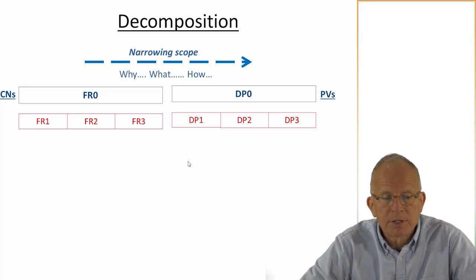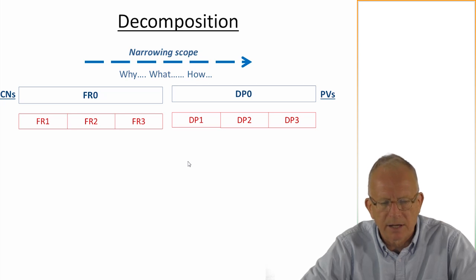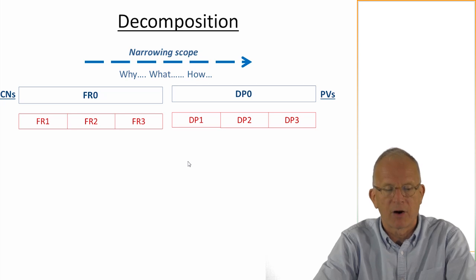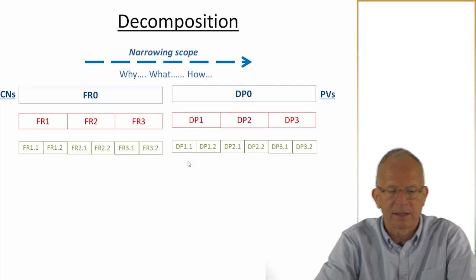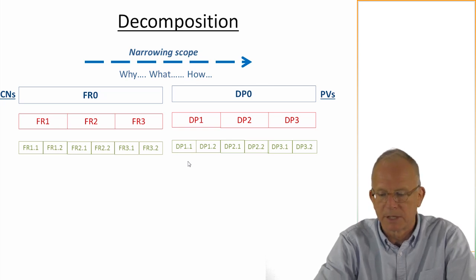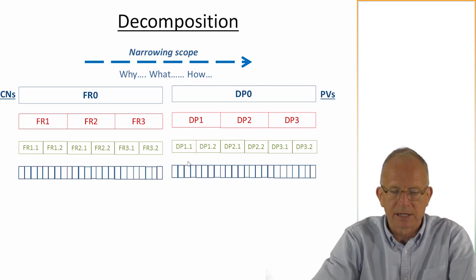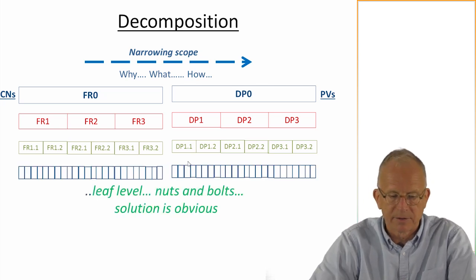As we decompose these, the point I was trying to make in the previous slides is that the solution is essentially all there in the upper level FR, and we just have to figure out how to break it out, just as it is in the DP. So what we're doing is dividing this up into subsets. Here we have the FRs and the DPs down to the next level, and then to the next level.